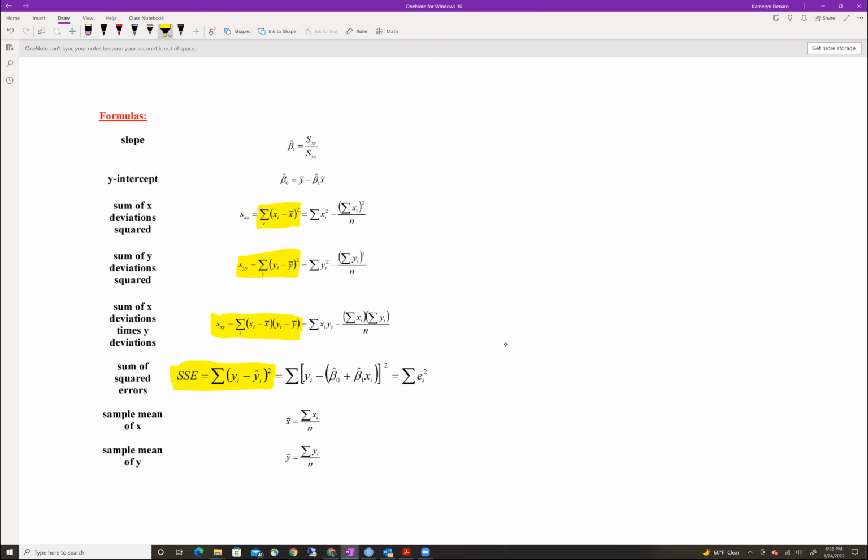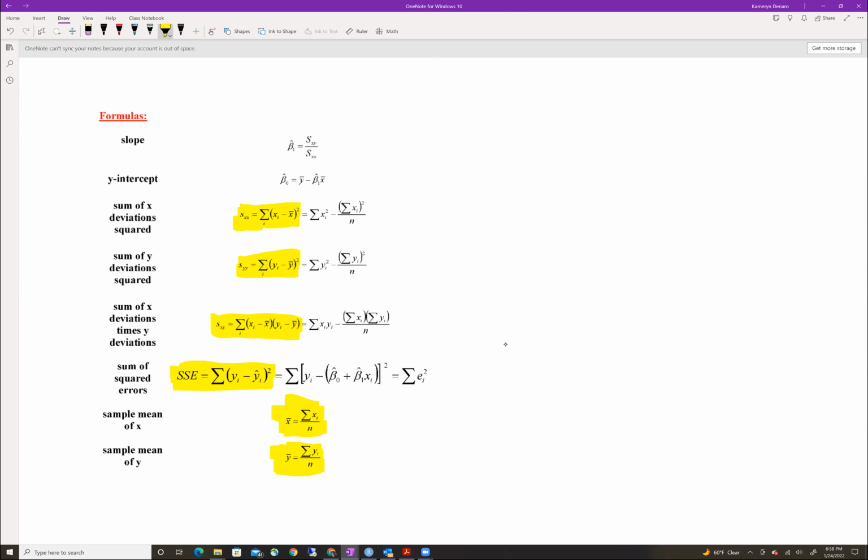Sample mean: you sum up all your x values and divide by the number of people in your sample. Your sample mean for y is sum up all the y values and divide by your total sample size. Hopefully some of these look familiar. If they do not, review them, memorize them, get to know them. It's going to make chapter 11 much, much easier.